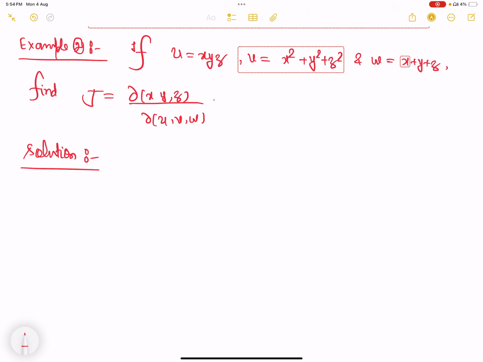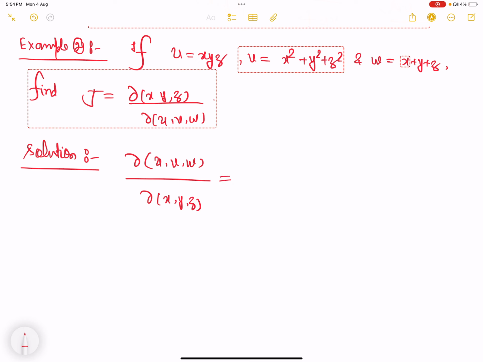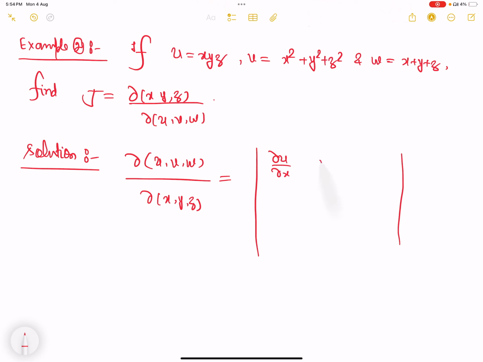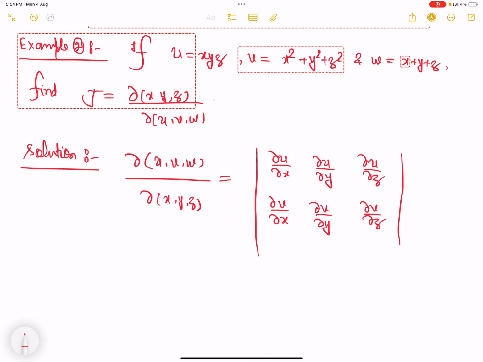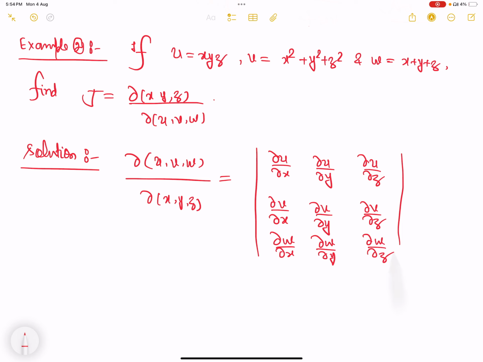So first we'll calculate del(u,v,w) upon del(x,y,z). What is this? It is the determinant with first row del u upon del x, del u upon del y, del u upon del z, second row del v upon del x, del v upon del y, del v upon del z, and third row del w upon del x, del w upon del y, del w upon del z.